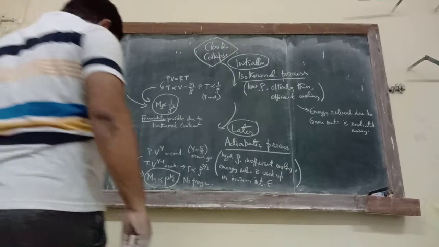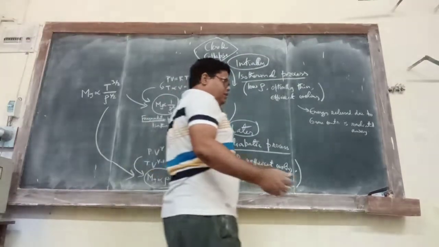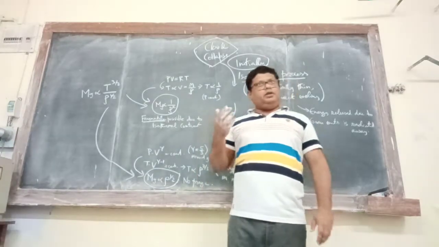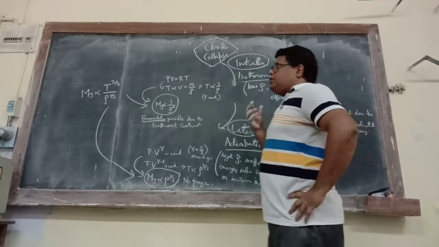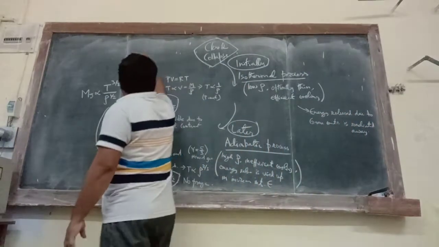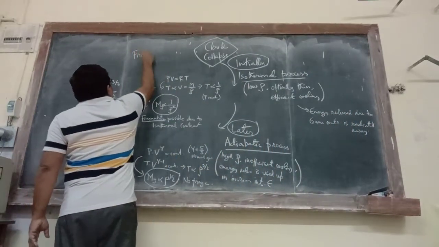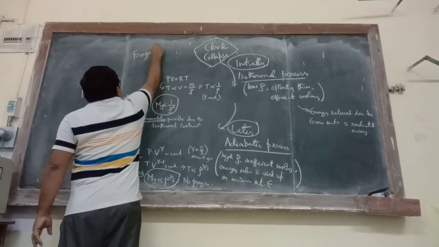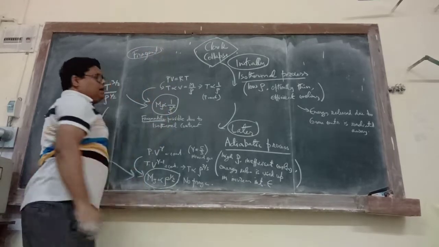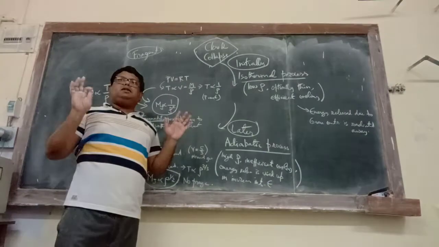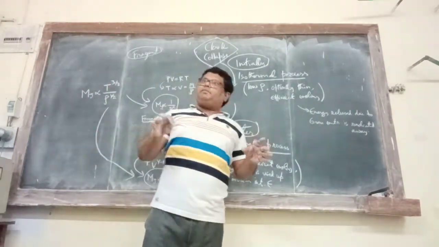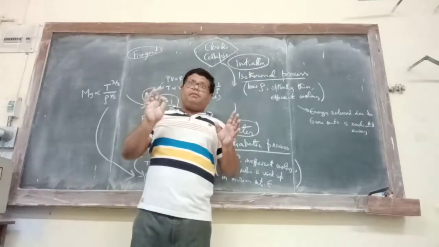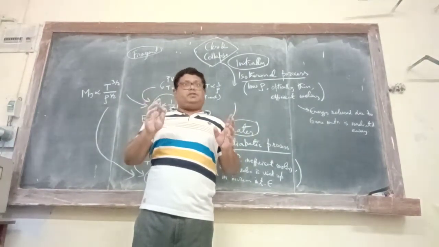Okay, so we have talked about fragmentation just now, the possibility of fragmentation. And remember, the most important point about fragmentation is that during collapse, one thing is inevitable. Temperature may increase or decrease depending on the cooling mechanism, how efficient or inefficient it is.